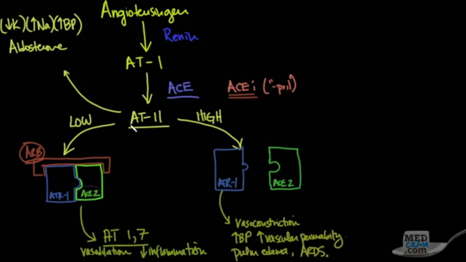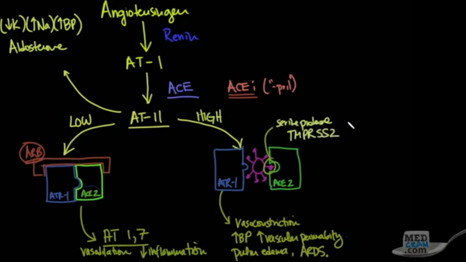Furthermore, when there's high angiotensin 2, the hypothesis is that this opening in ACE-2 allows the coronavirus with its S protein to bind to ACE-2. This binding also requires something called a serine protease, known as TMPRSS2.